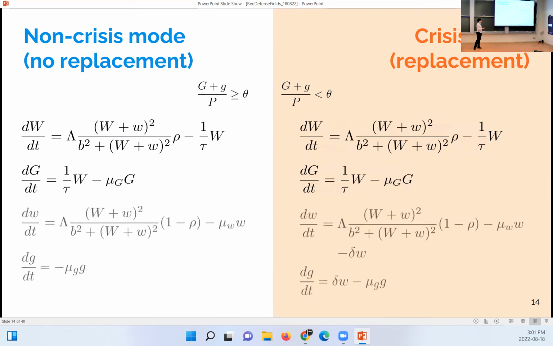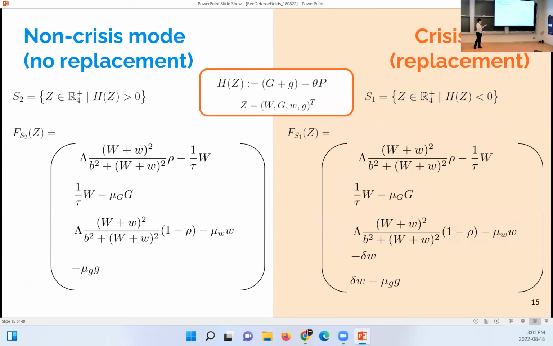But for the minors, you may or may not have replacement, and that's the 2 cases. The only difference is this delta W term that will appear in the crisis case, and that small difference makes 2 different vector fields that are determining the whole vector space, the whole variable space.